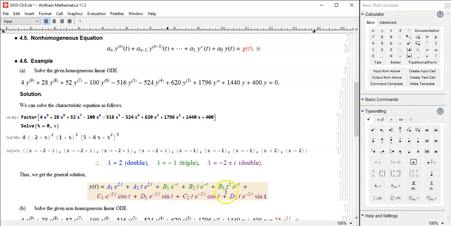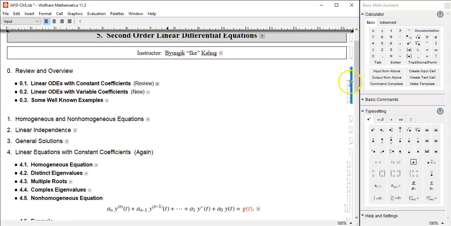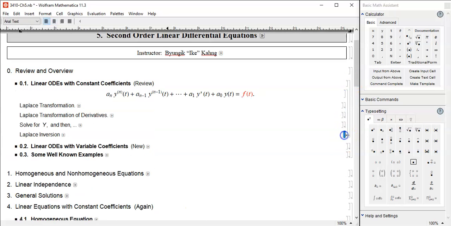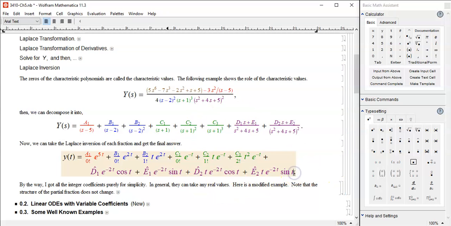By the way, I just recycled exactly the same problem that I did already in section 0, down here, this one here. It's the same type of problem except that this was homogeneous, so I don't have this non-homogeneous particular solution part.